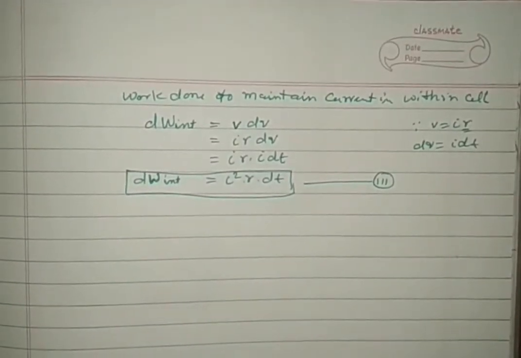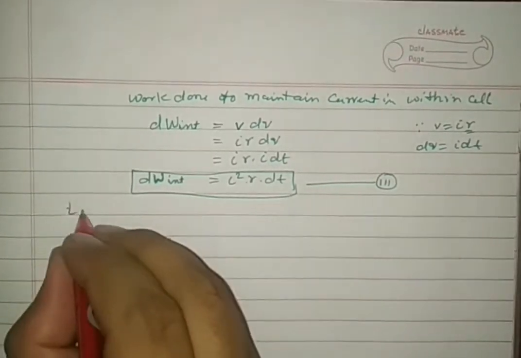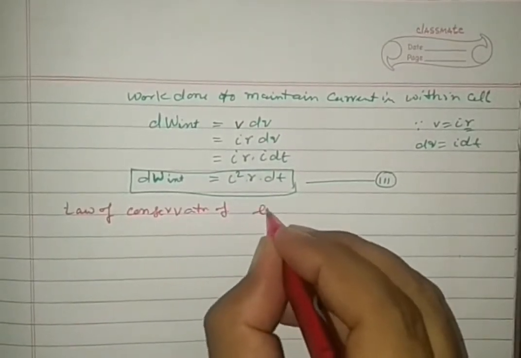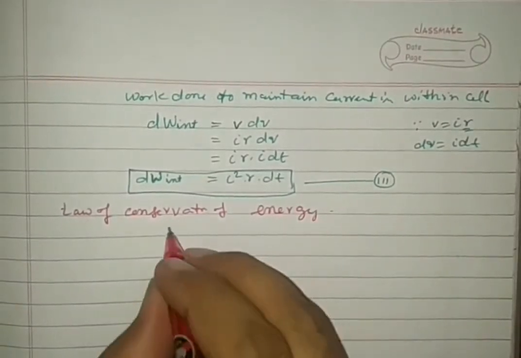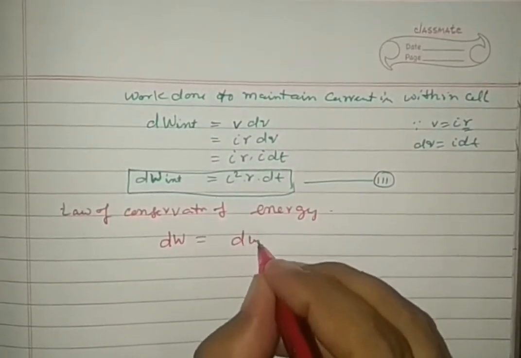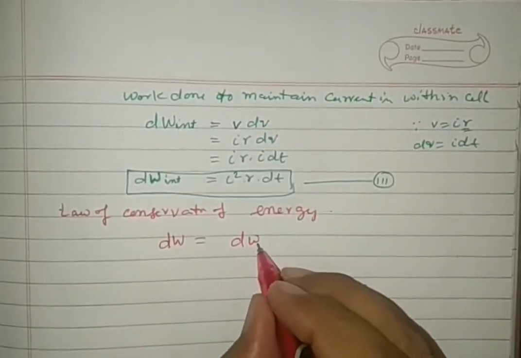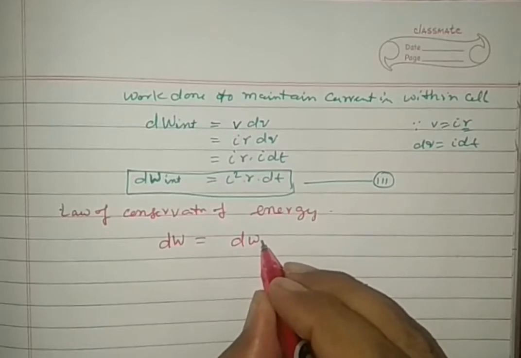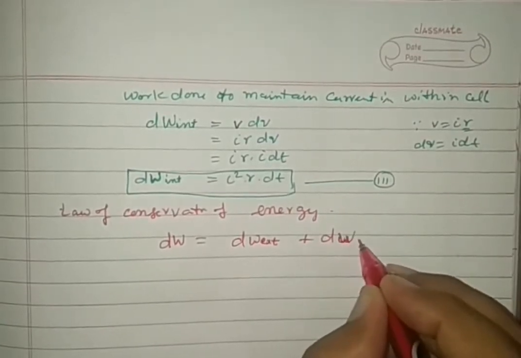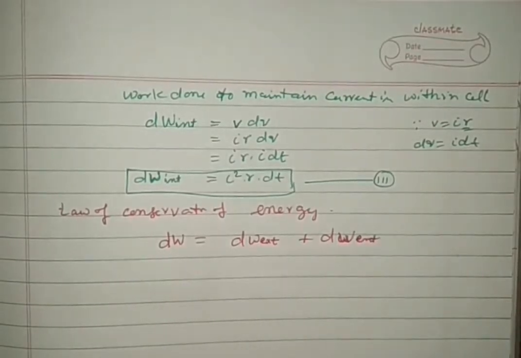Now see very carefully, according to the law of conservation of energy, total work done to maintain the current in the complete circuit is equal to the work done to maintain the current in the external circuit plus the work done dW to maintain the current within the cell. This is the internal work done, right?